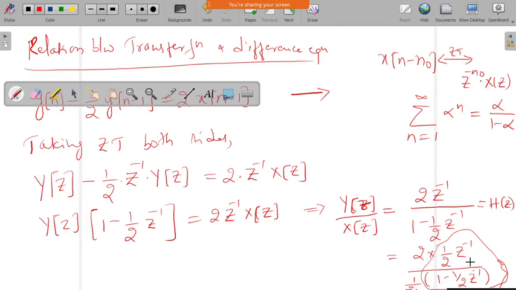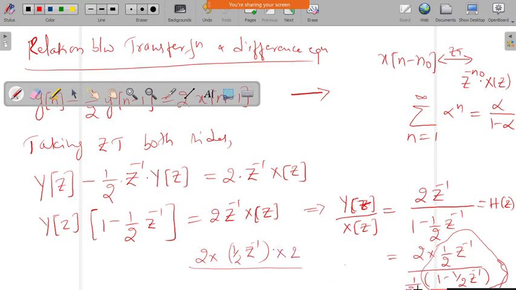So now what can we write for this one? From 1 to infinity means it is u of n minus 1. Okay. So we can write similarly, and here this half, we multiply and divide by half, so that you can take it into the numerator and it will give 4 into, so this half I will write here, 2 into half z inverse divided by, now that half which was in the denominator, I will just put it in the numerator.